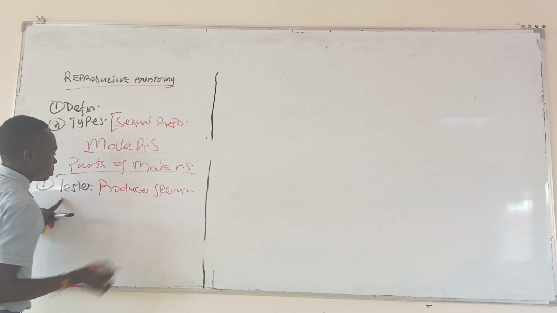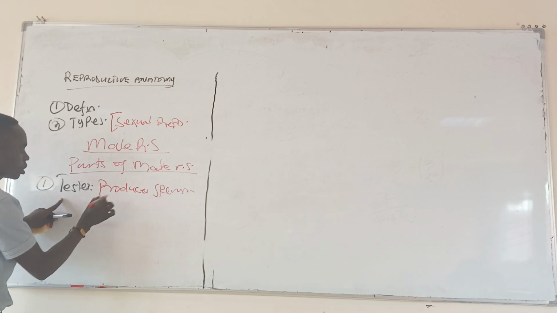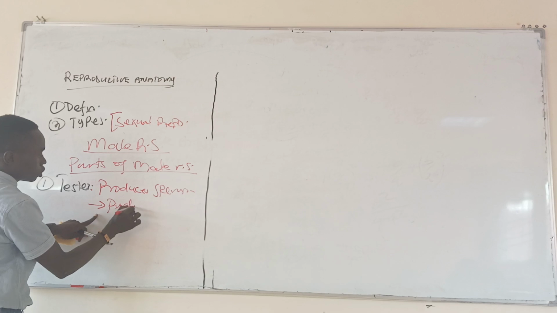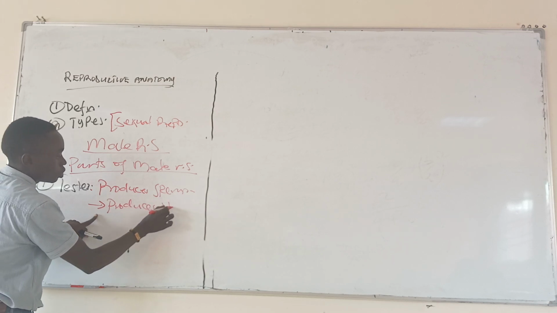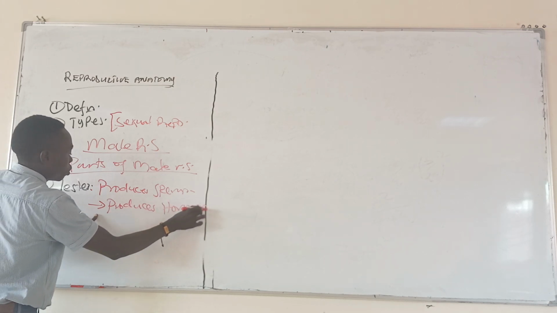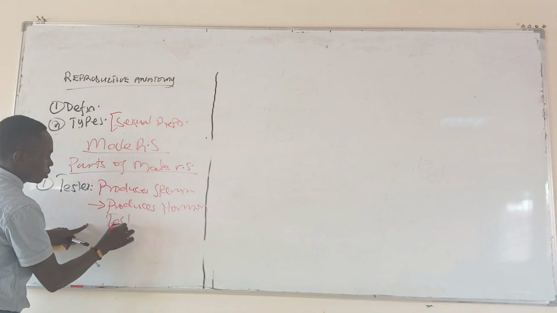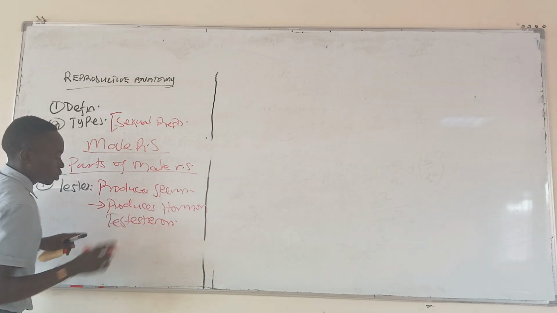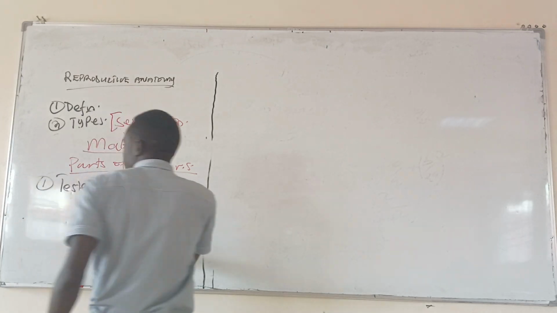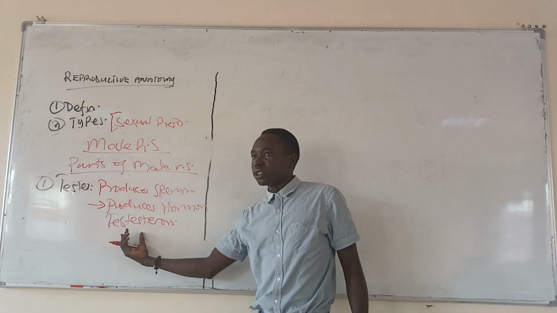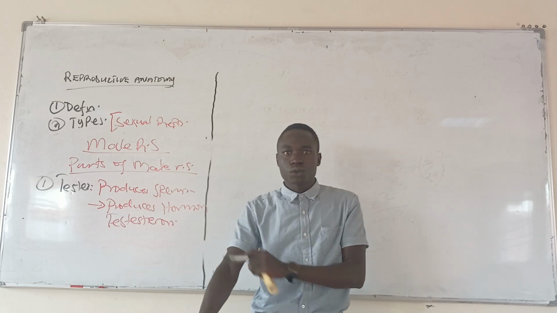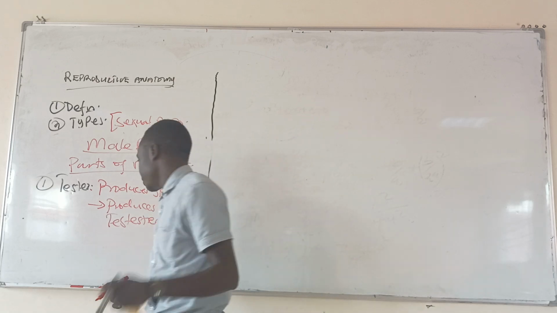Secondly, it also produces the hormone testosterone. This hormone is important not only in reproduction, but it also helps in the growth of muscle in man.